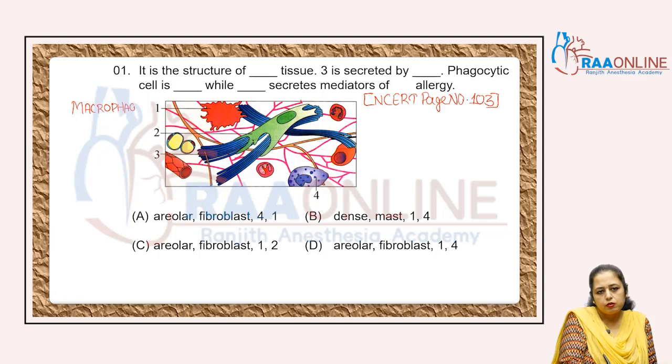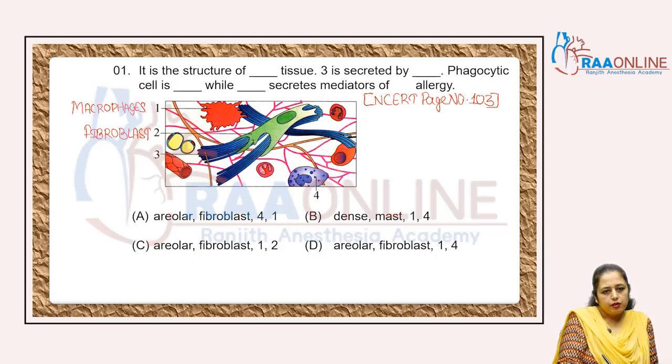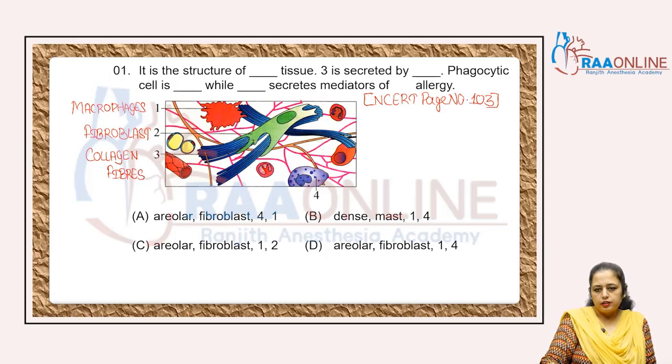In which, 1 is the macrophages, right? 2 is the fibroblast, 3 is the collagen fibers, and the 4th one is the mast cells, right?